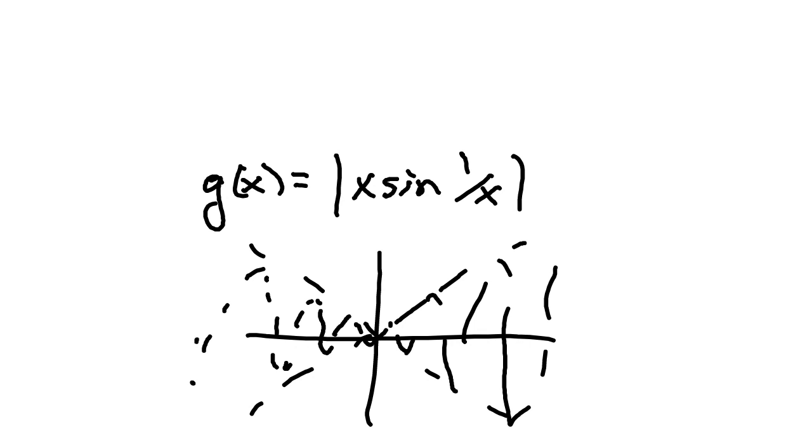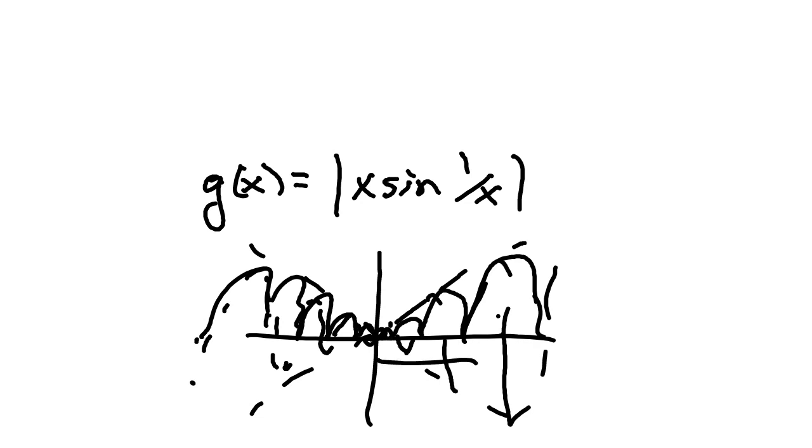So it's getting smaller inside of there, coming up and touching those lines. As I approach from the right and from the left, I'm approaching a height of 0 because it starts bouncing in a smaller window that has a height that approaches 0. I believe that's what it looks like, but you can verify that on your graphing calculator.